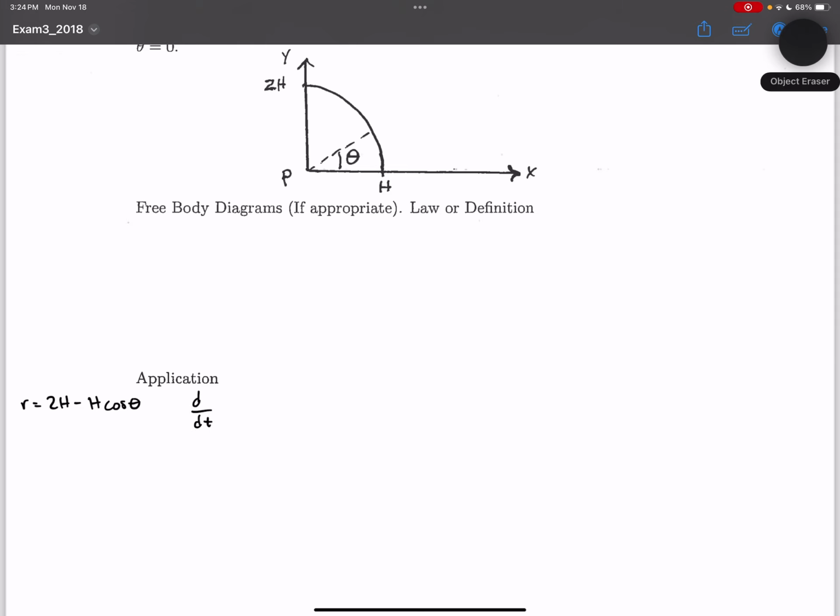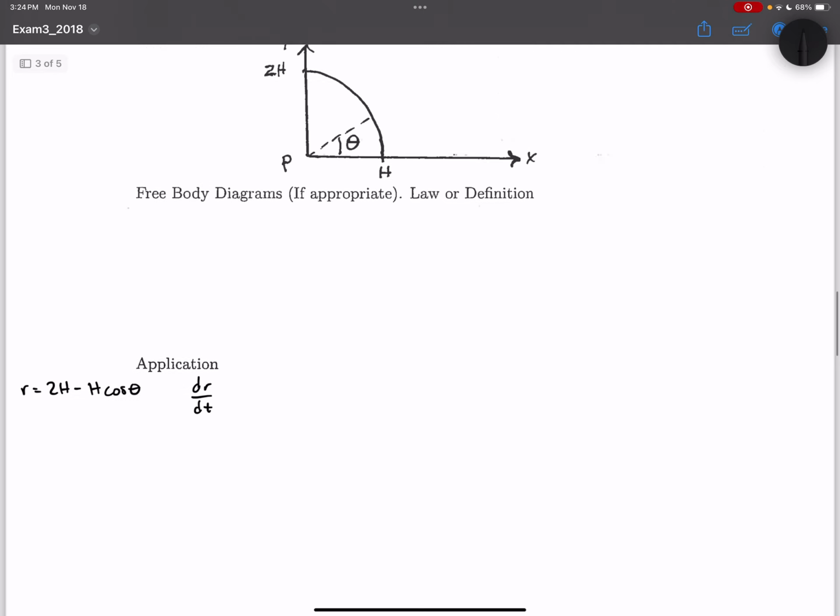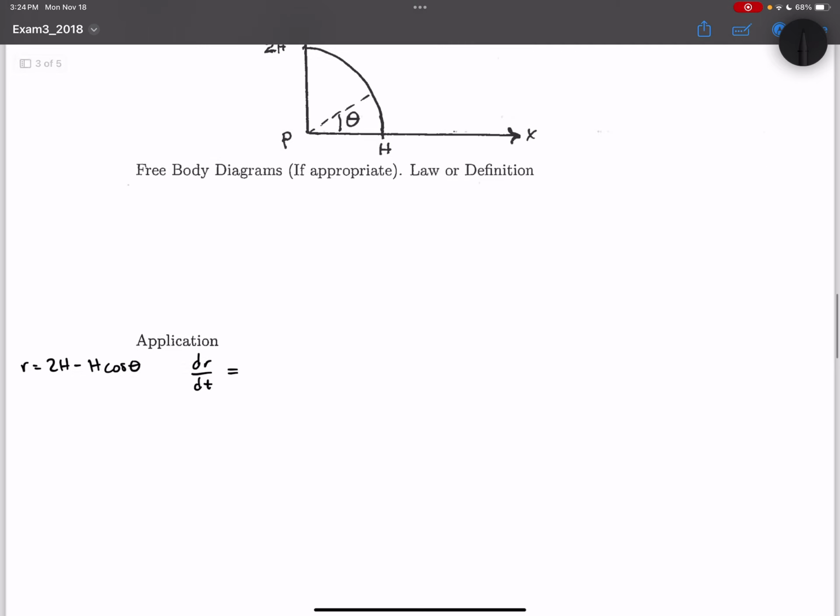But since this is in terms of theta and h is a constant, we need to take a derivative with respect to theta. So the way to do that is by splitting it up like so, taking a derivative like this.